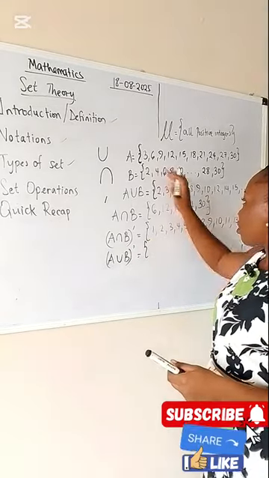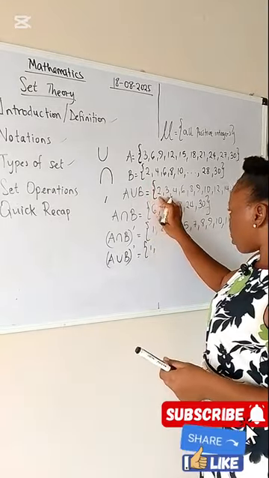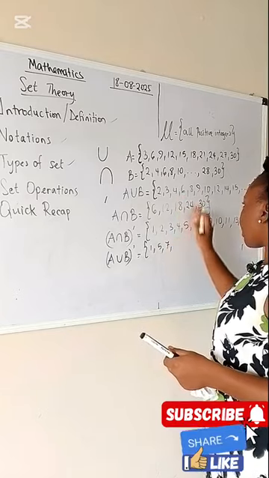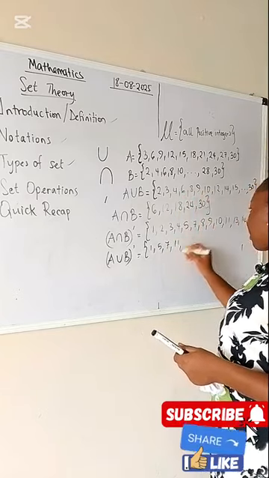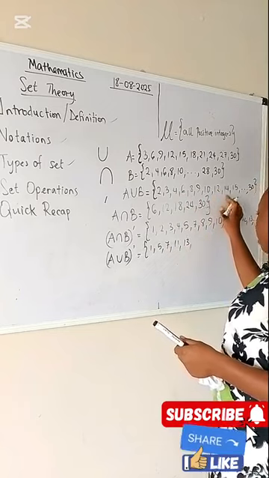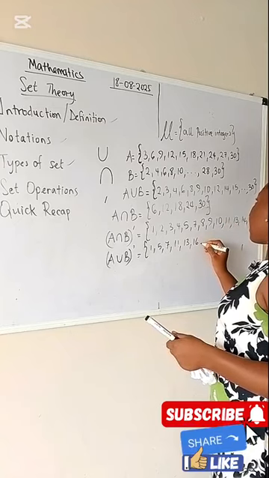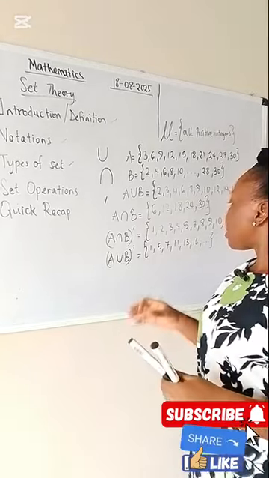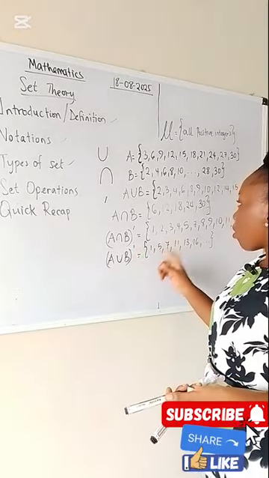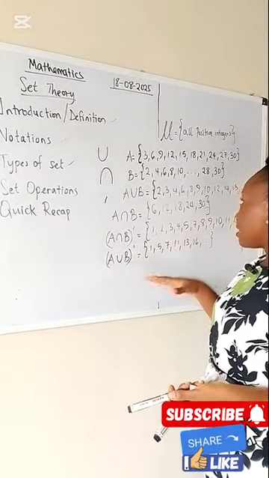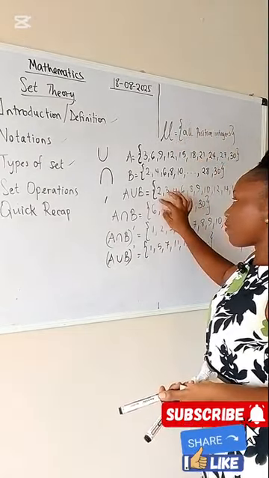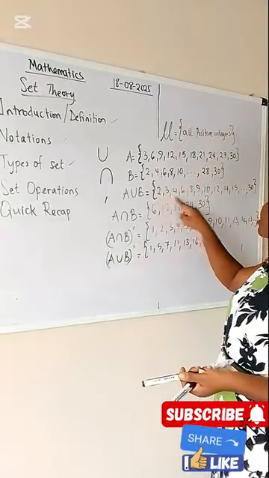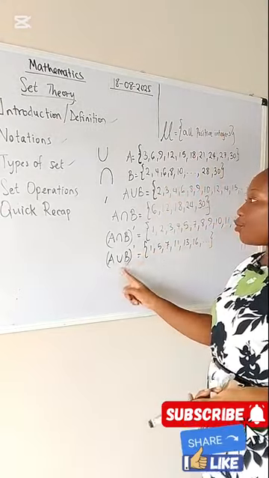So we have 1, we're going to exclude 2, exclude 3, exclude 4, 5, exclude 6, 7, exclude 8, 9, 10, 11, exclude 12, 13, exclude 14, 15, 16, and so on and so forth. They are infinite also. That means A union B prime are all the elements that can be found here but will not be found here. I don't know if it makes sense. All these elements can be found in the universal set, but they will not be present in this particular set. That is your A union B prime.